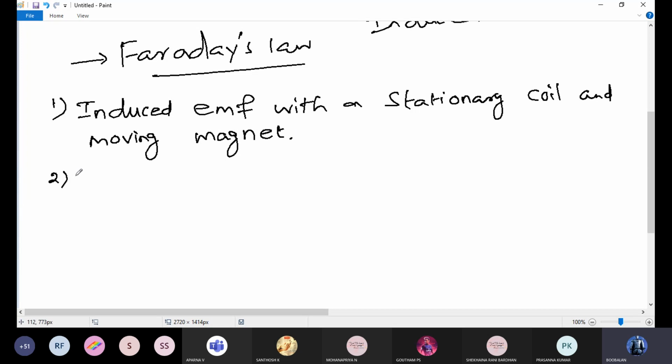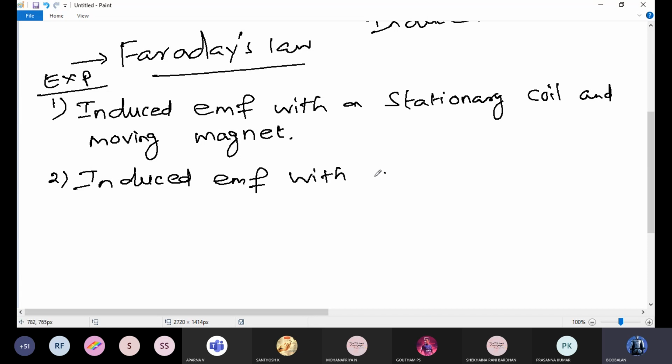This is the first experiment. Second experiment, induced EMF with a stationary magnet and moving coil.